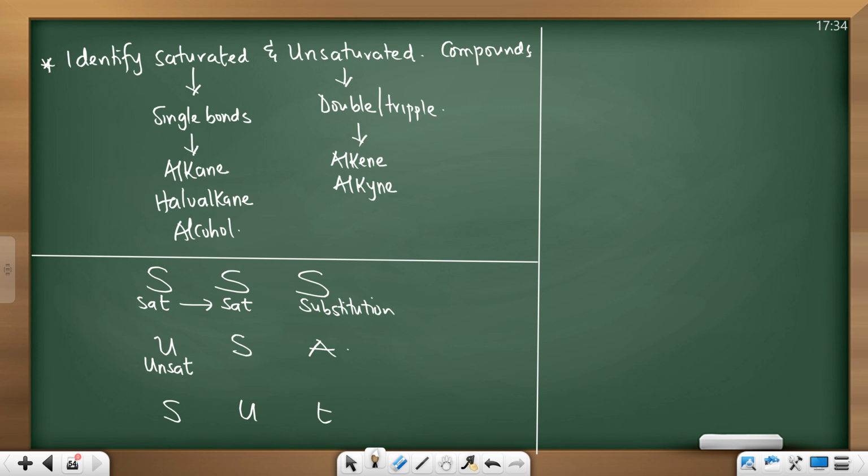So if my reactant is unsaturated and my product is saturated, it is simply an addition reaction. And that's all I'm checking in any paper. And if I am starting from a saturated and moving to unsaturated, I automatically know it's an elimination, and that is all you are searching for. Question is, will you be able to identify something saturated and something unsaturated? That's all. Already that gives me my type of reactions.